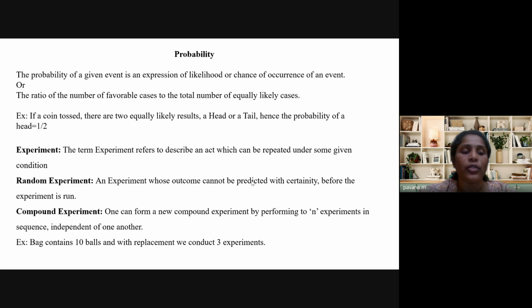Next is the random experiment. So what is a random experiment? Before doing the experiment, you can't expect the result with certainty. That type of experiment is called a random experiment: an experiment whose outcome cannot be predicted with certainty before the experiment is run.